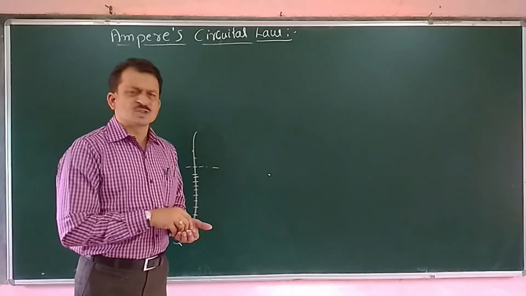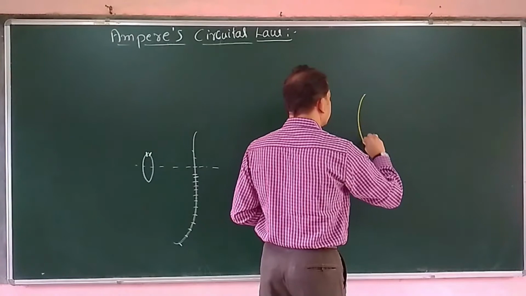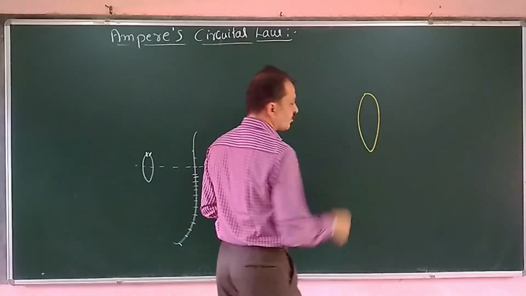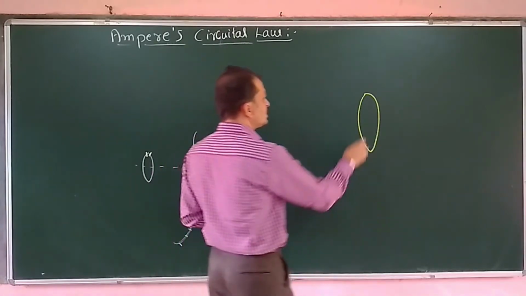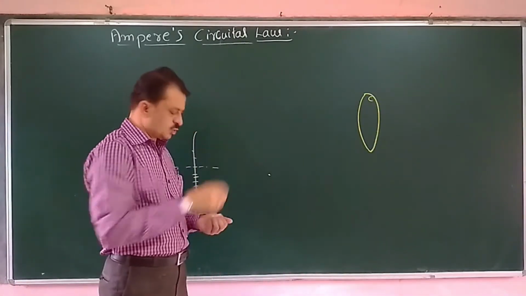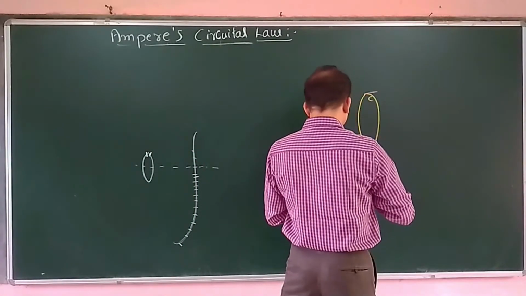Now consider a closed surface having a circular curve as its boundary. Now it is a curve, it is the boundary of that closed surface.